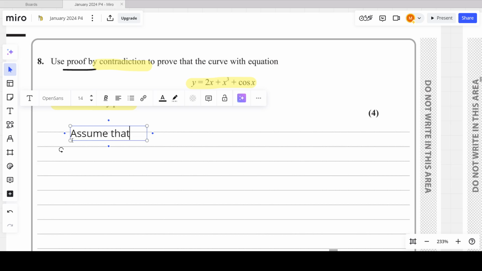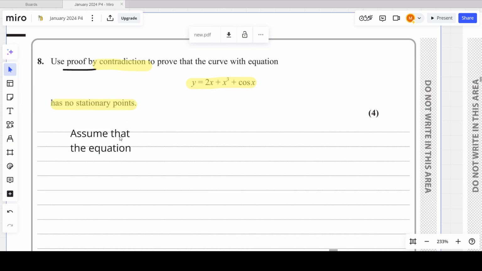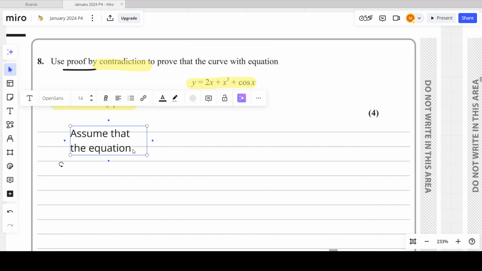They said it has no stationary points, so we will assume that the equation has at least one stationary point. Okay?